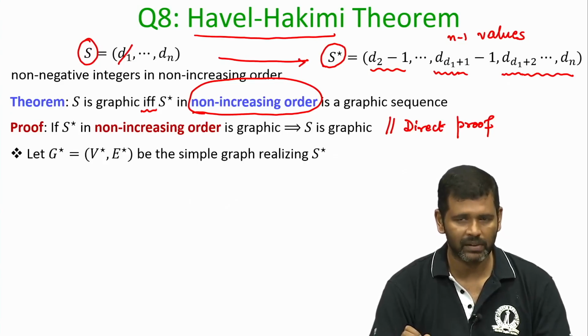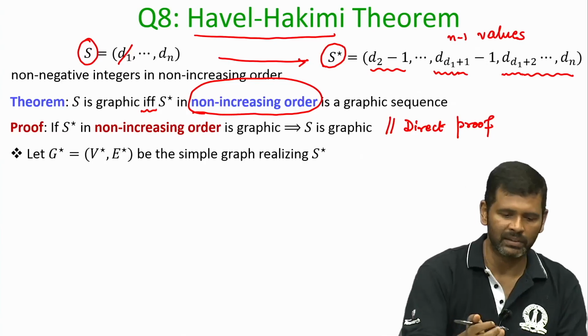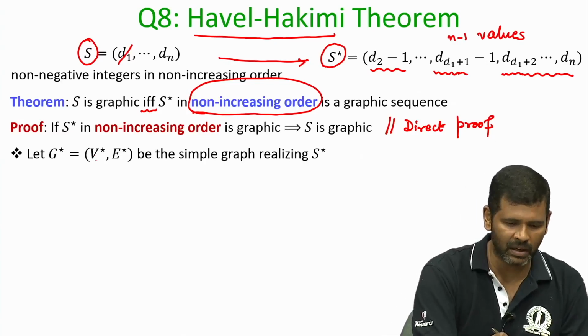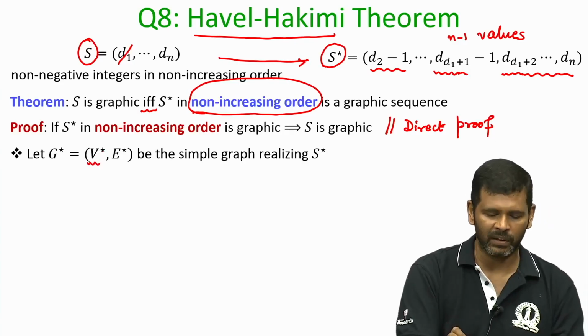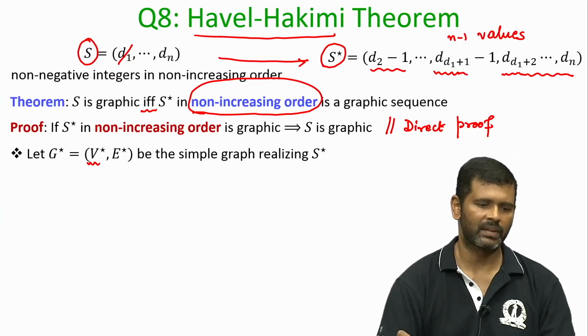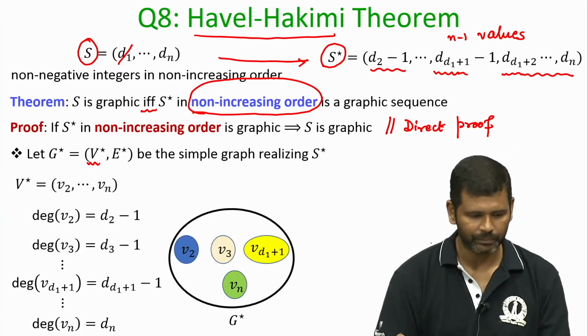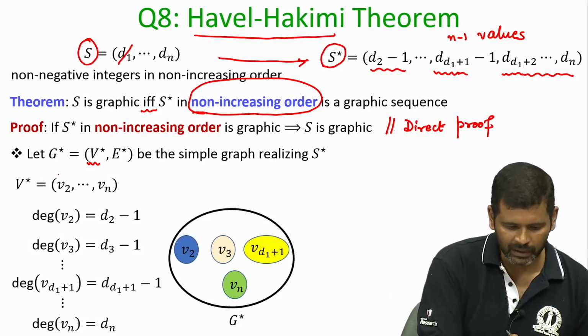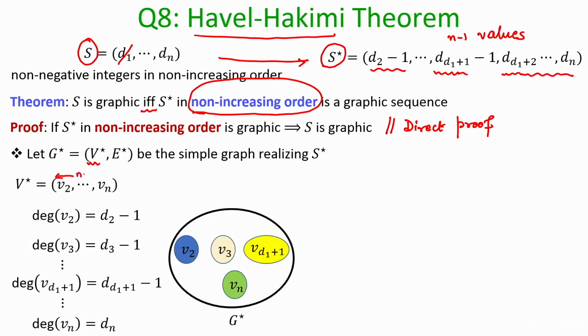That means, since my sequence S star is a graphic sequence, I can construct a simple graph G star with n minus 1 vertices and some edges whose degree sequence is the same as the sequence S star. What does that mean? I can imagine that my vertex set V star has n minus 1 nodes. I call those nodes V2, V3, up to Vn, and since it realizes the sequence S star, I have a vertex of degree d2 minus 1.